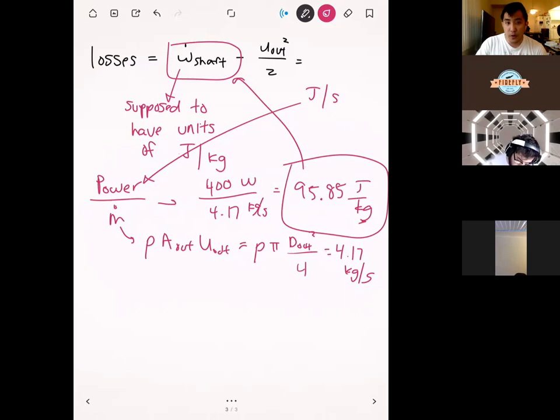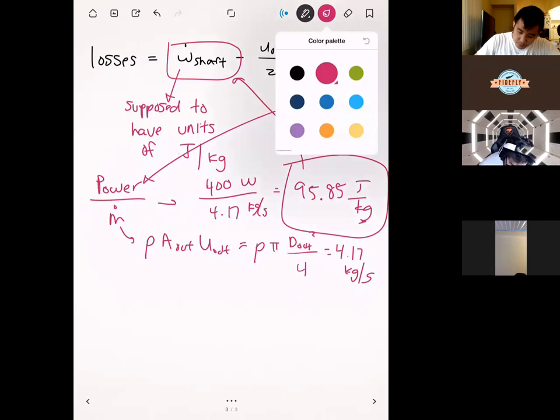Remember, if you're applying extended Bernoulli, you have to convert the power into joules per kilogram, so you can't just use joules per second. You have to take watts and divide it by the mass flow rate in order to get joules per kilogram.